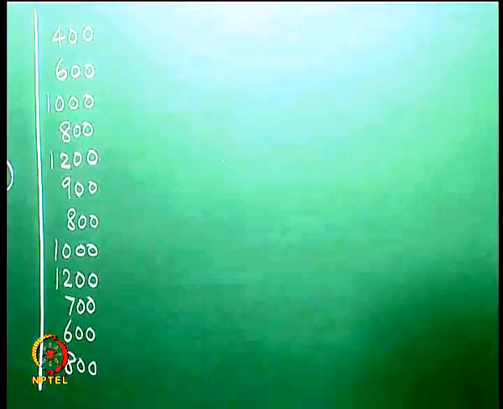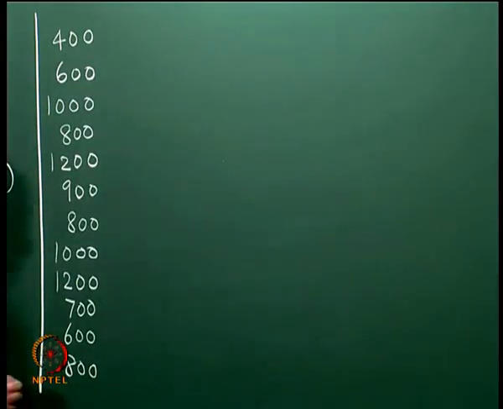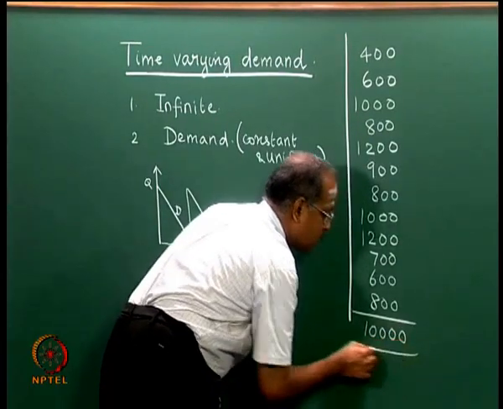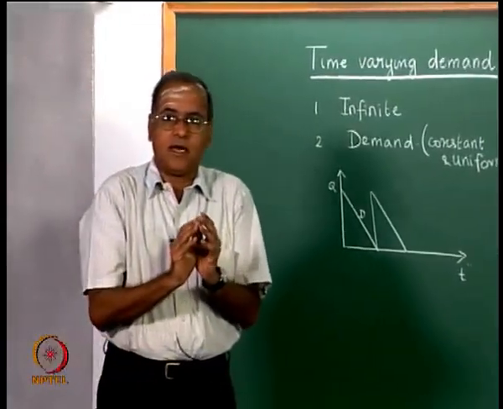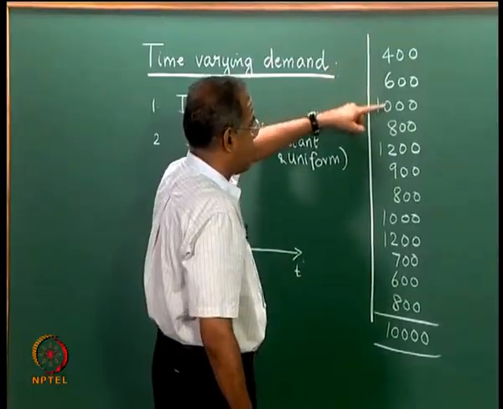Now these numbers have been taken such that when we add all of them we get 10,000. So we assume that the annual demand of 10,000 is now split into 12 monthly demands.